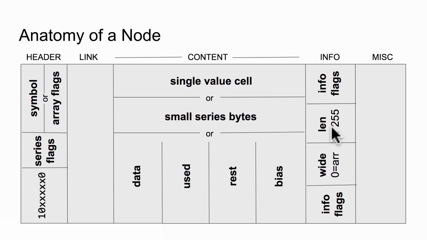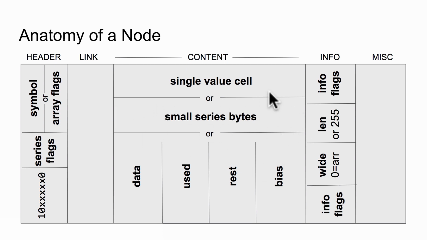If we have a small series, like a short string, again, we don't need a separate allocation. And also, because we're using UTF-8 everywhere, words and small strings can all fit here inside the series node.